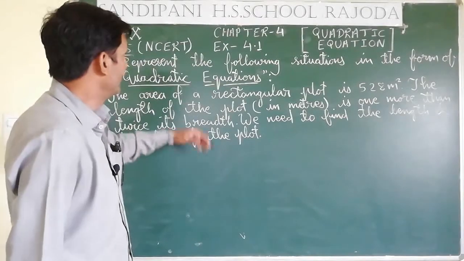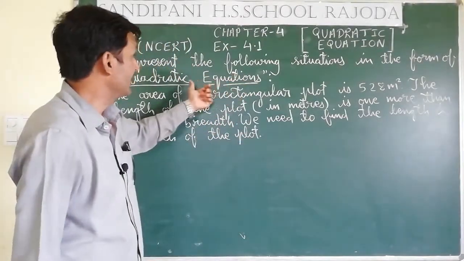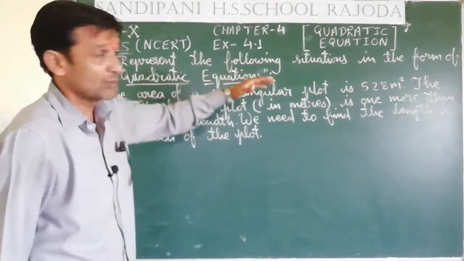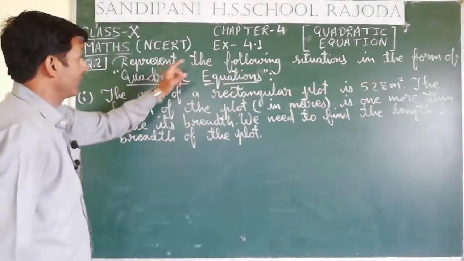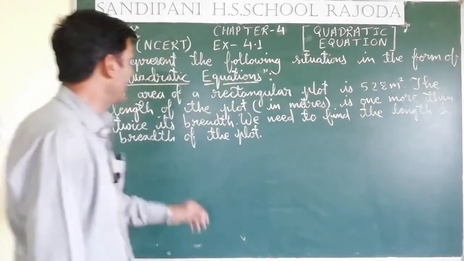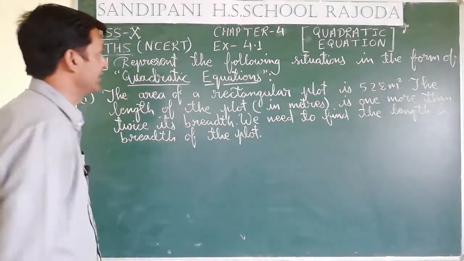Here we come to know today about quadratic equation, representation of situations in the form of quadratic equations. Our topic is of course quadratic equation only, and it is exercise 4.1 question number 2 of NCERT.